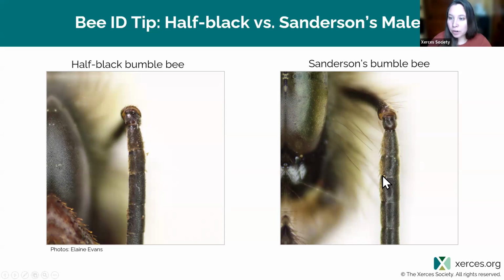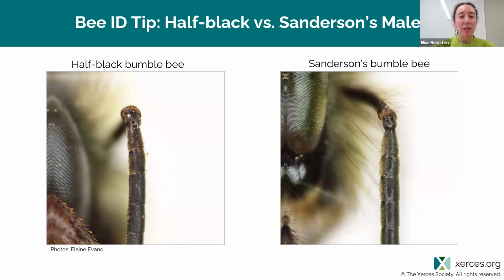Those are the hairs I was referring to on the other side of the antenna. And this segment looks a bit shorter than the segment for the half-black bumblebee. If we were to measure it, it would be about 1.5 times as long as it is wide. So just to reiterate, the only way to separate out these two species and be sure is by looking at the face length for the females or at the antenna for the males.